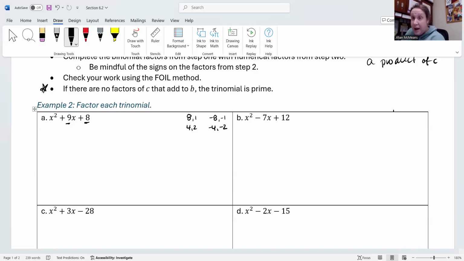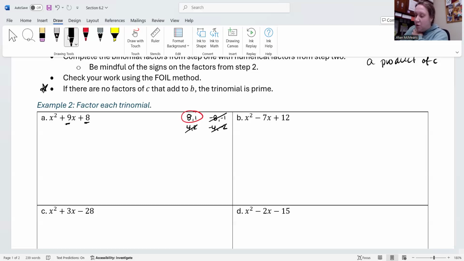Now we're looking for the magic pair of factors that add up to be +9. Well, this pair of factors, -8 and -1, adds up to be -9. That doesn't work. -4 and -2, if we add those, we get a sum of -6. That doesn't work. 4 and 2 have a sum of 6. That doesn't work. So the magic pair of factors that does work would be 8 and 1.